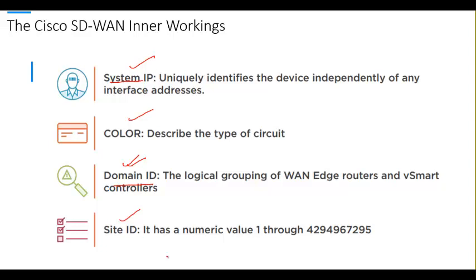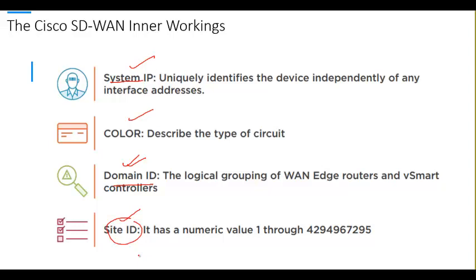For WAN edge routers in the same site, the site ID must be the same. Of course, it should be. If I have multiple WAN edge routers, all the WAN edge routers must have the same site ID so that they can say I belong to this site, like an area ID. Every router in area 1 will have area ID 1.